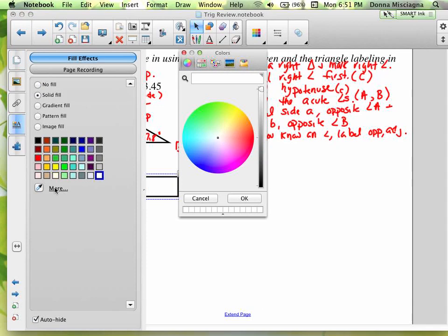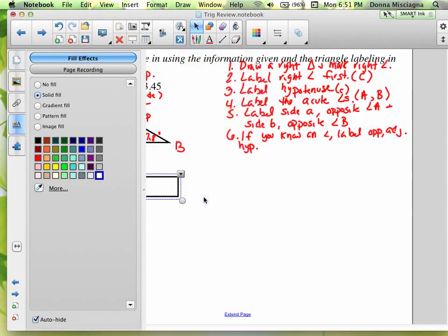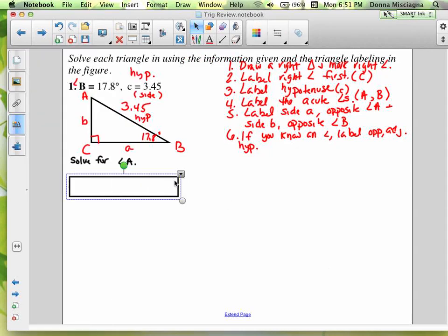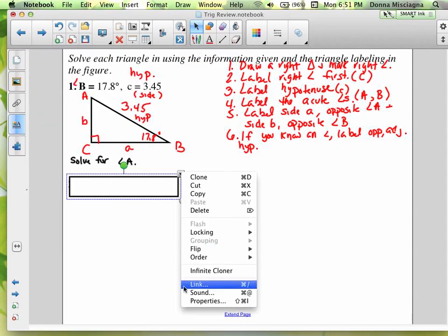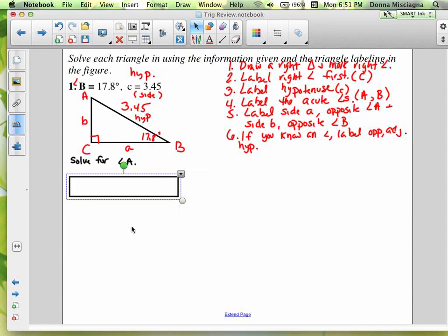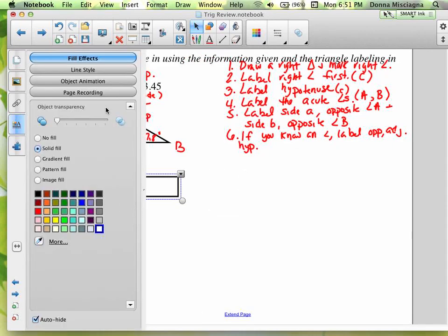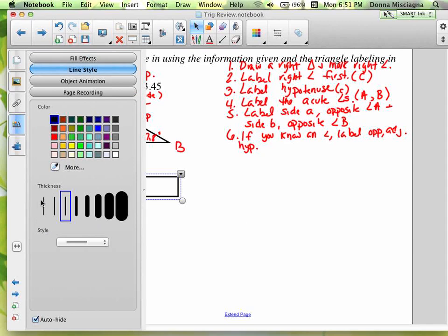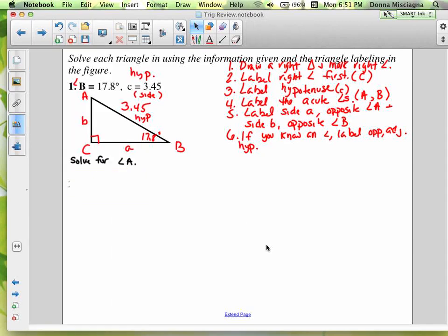Oops. Cancel. Okay, now it's good. There we go. Now I've got it. It's a white box blocking, and now we have plenty of space.